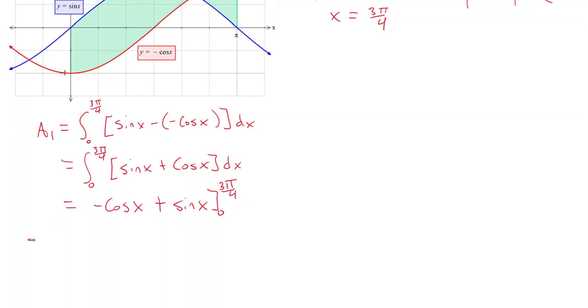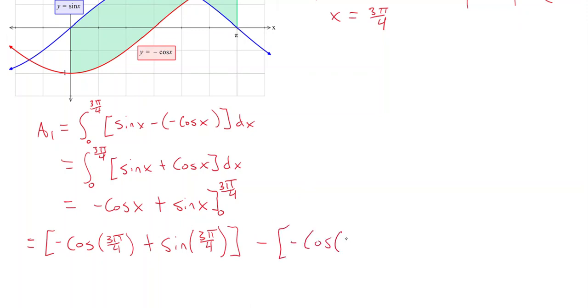So this becomes negative cos of 3 pi over 4 plus sin of 3 pi over 4, minus, negative cos of 0 plus sin of 0.